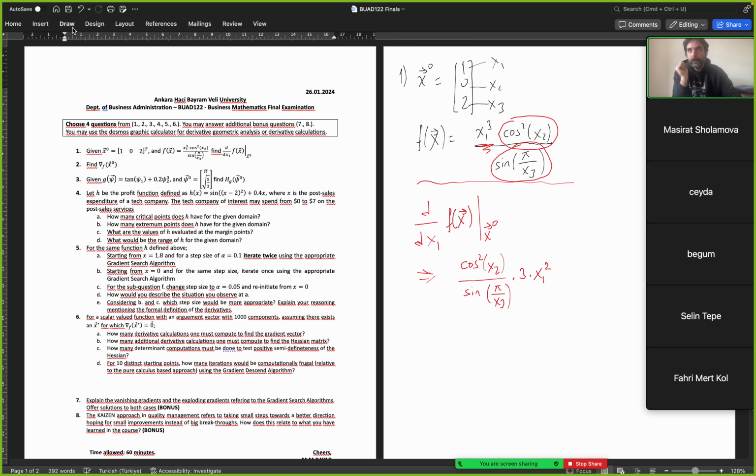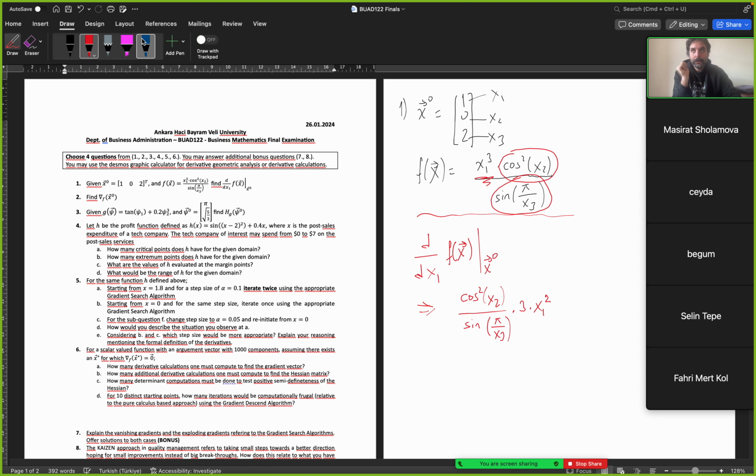And if I'm going to evaluate this function at x equal to x0, I should just plug in 1 to here. 1 squared is 1. And 0 to x1, which will just make this cosine of 0. And cosine of 0 is 1. And then 1 squared. This part is just 1 squared again.